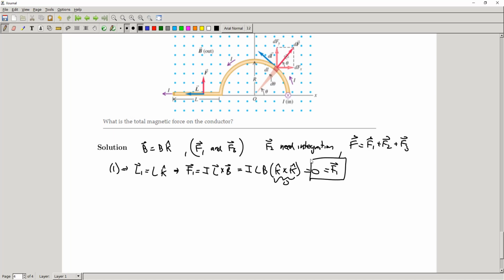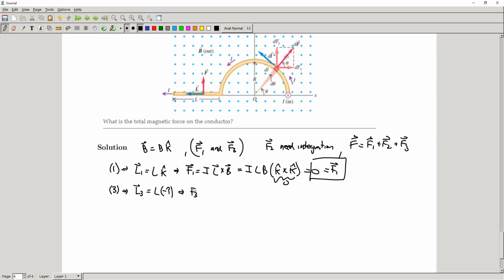Let's take a look at what happens over here on the left-hand side. This is our section 3 contribution. So we're going to end up with our L, let's call it L3, is going to be equal to L, and what does it point? Well, it points in the negative i hat direction, right? So it's going to be negative i hat. And so what does this mean?